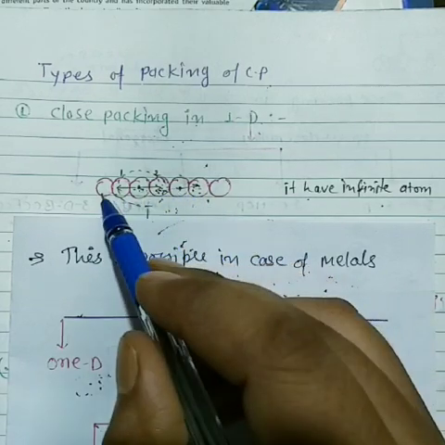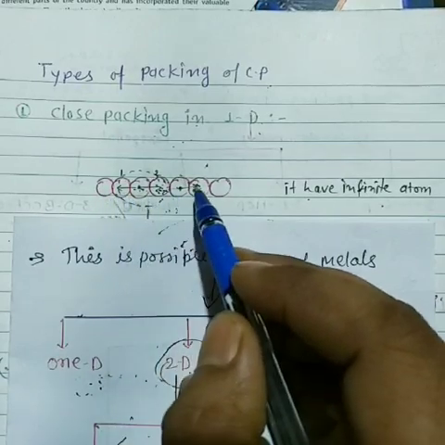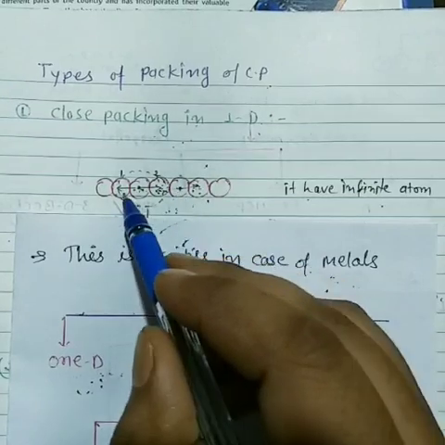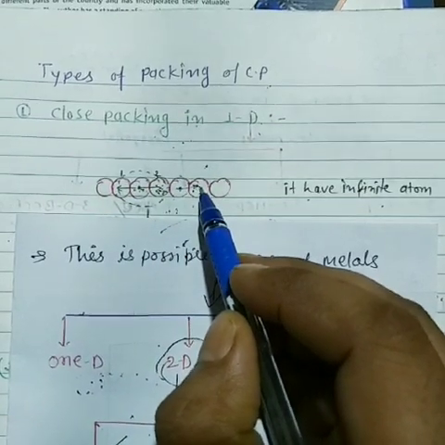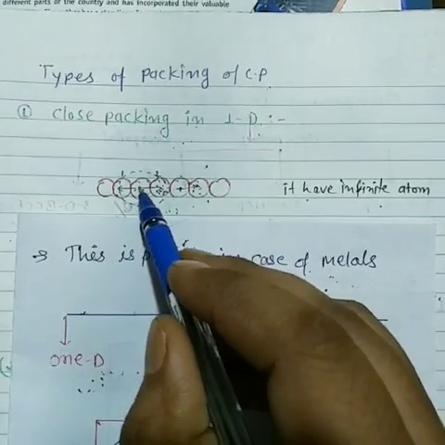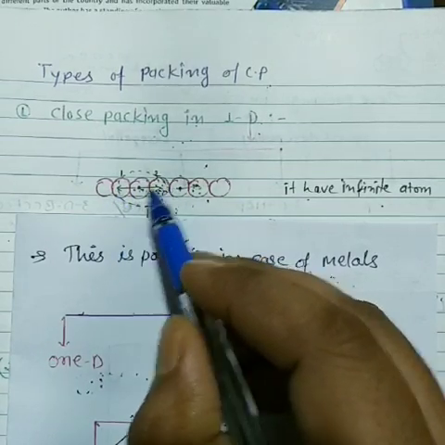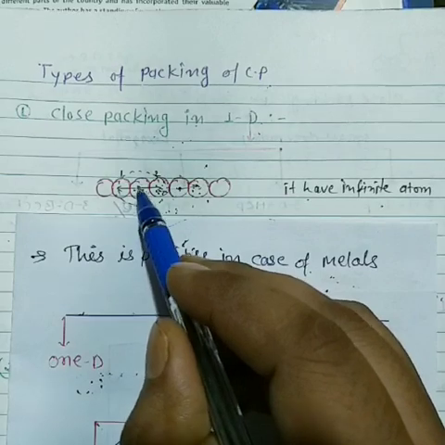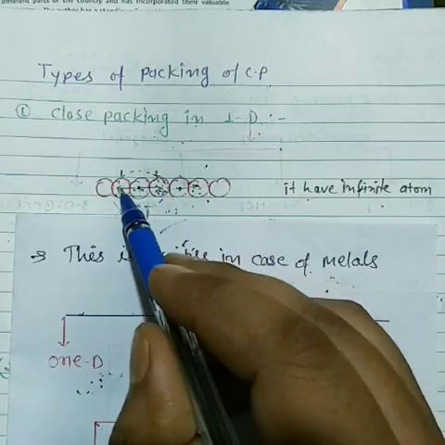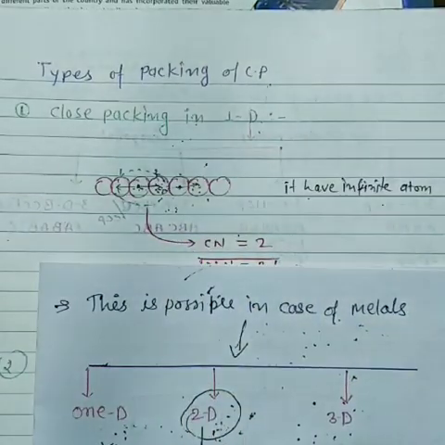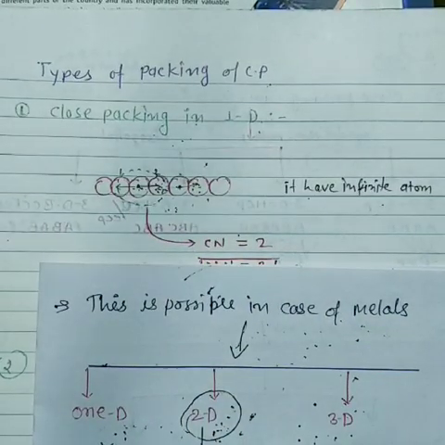Now I draw a completely single row, and if you take any constituent particle, they are touching each other. How many atoms? Two. If I take this atom, it touches this atom and this atom, so the coordination number is 2.